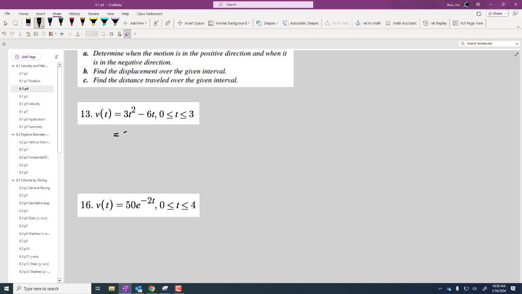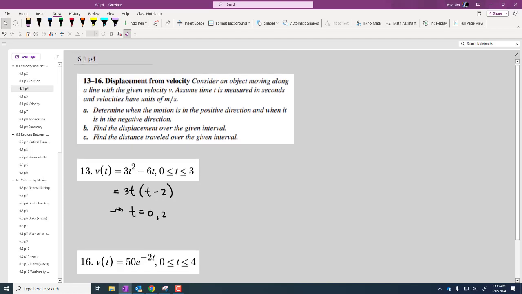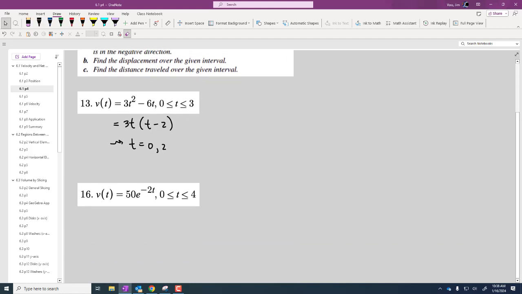So what I'm going to do here is factor out the GCF. We are going to see that the zeros are 0 and 2, which tells us that the vertex has to be somewhere in the middle. We don't care exactly what the coordinates of the vertex are, all we really want here is the general shape.